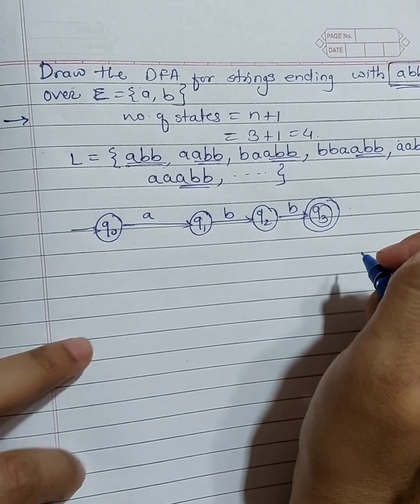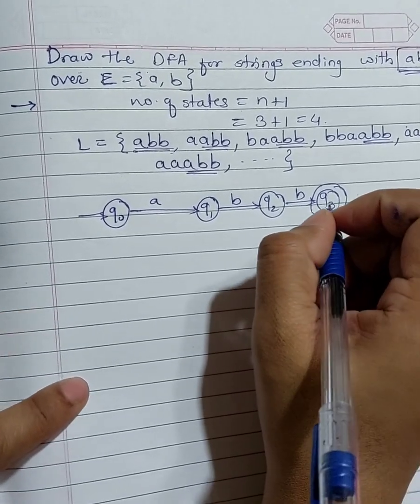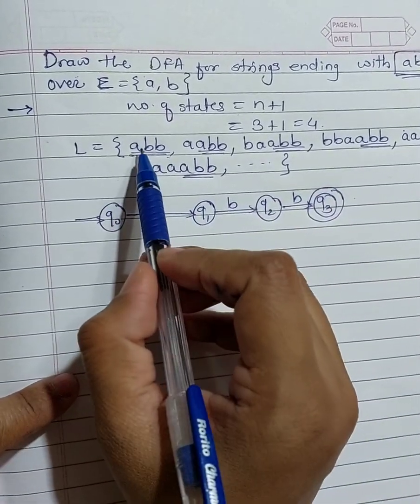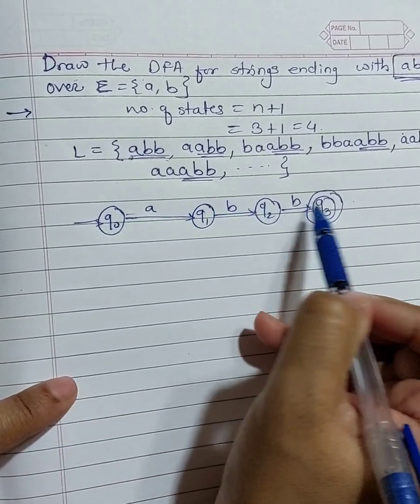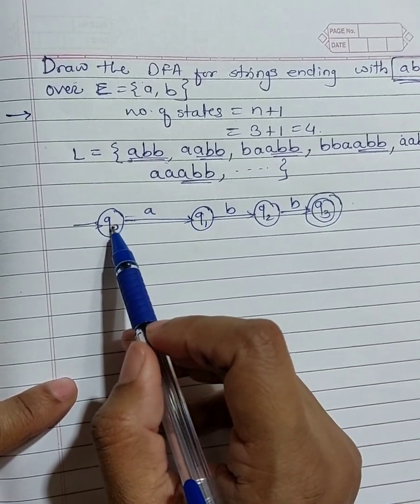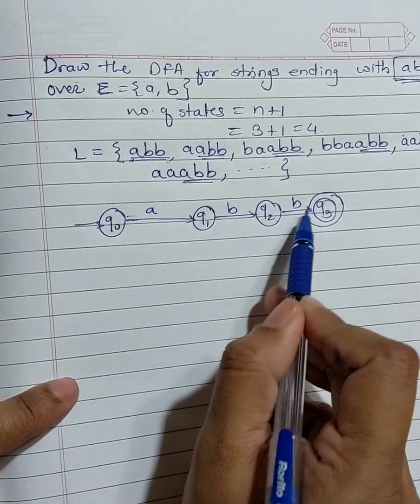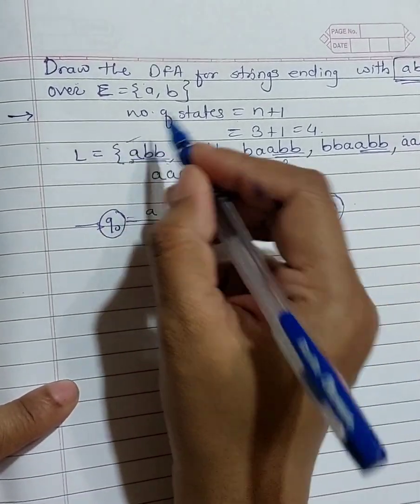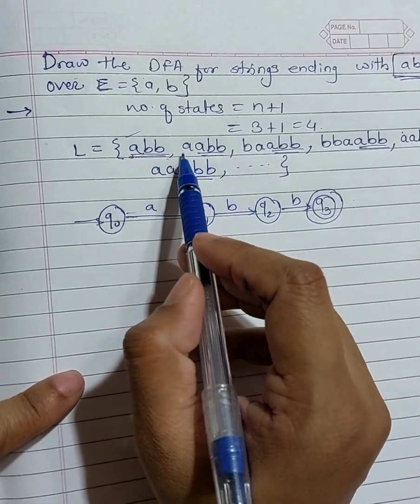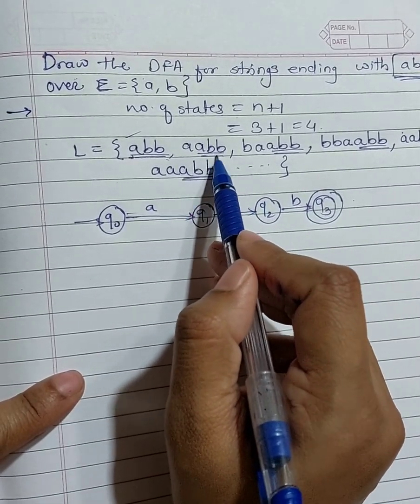Now check the strings which we listed. If you check the first one, ABB is acceptable because we are starting from initial state, we are reaching the final state, and the string acceptable over it is ABB. Now if you check the second string, we have AABB.